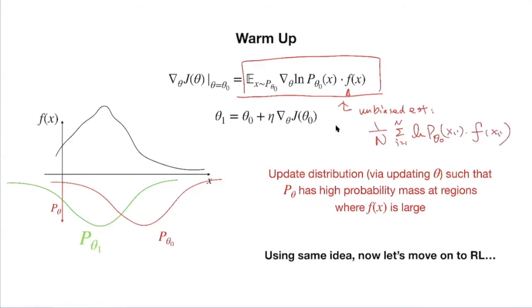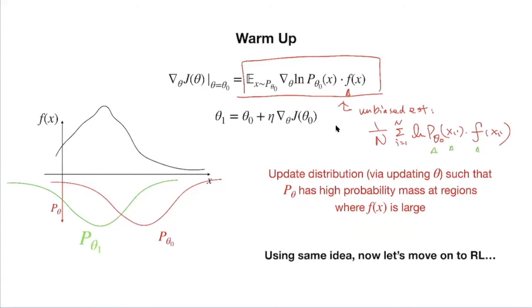All I need is a tool that can compute the gradient with respect to this parameterization p theta at a given point x_i, and another black box that returns the value of this function. I don't even need to know the form of f.